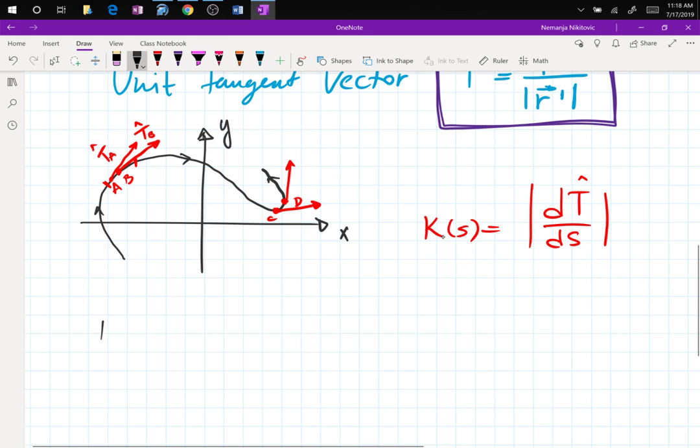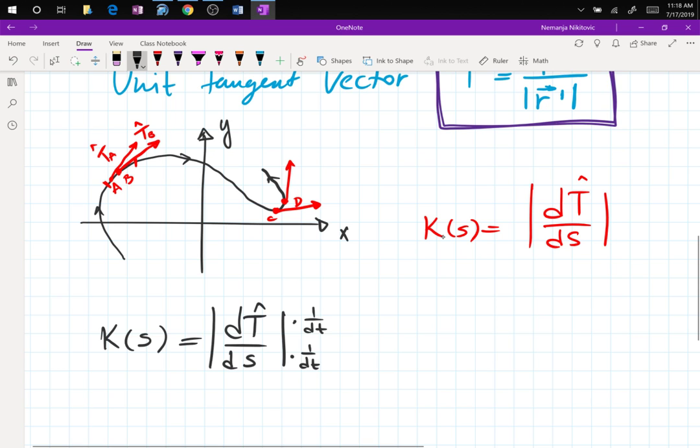You are going to take your kappa of s, which is the absolute value of dT hat ds, and we are using hat because it's a unit vector. We are going to multiply this top and bottom by 1 over dt.